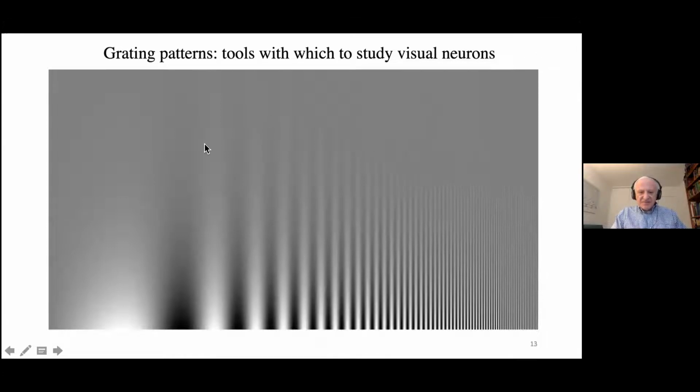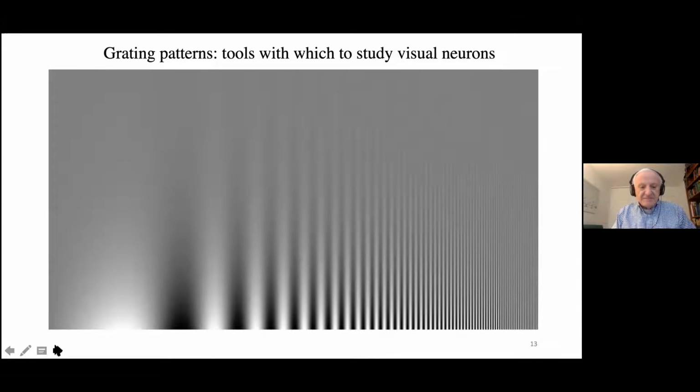This is the famous Robson demonstration reproduced by Izumi Ozawa, where you study the spatial properties of neurons by looking at the response to patterns which are periodic in space. This is a swept grading, so it's not periodic, but if you look at any small patch of it, it looks quasi-periodic.